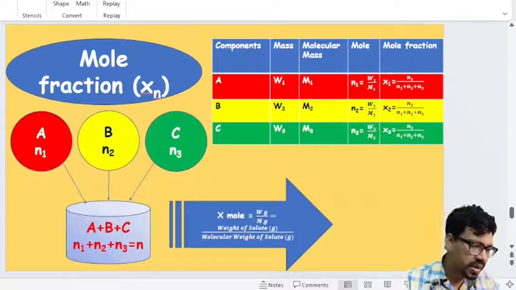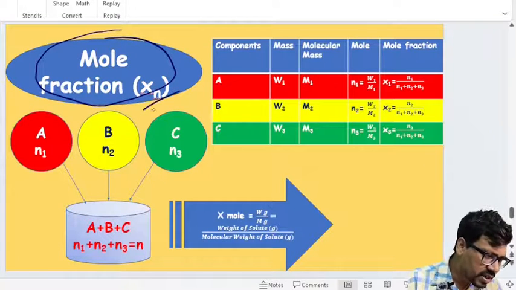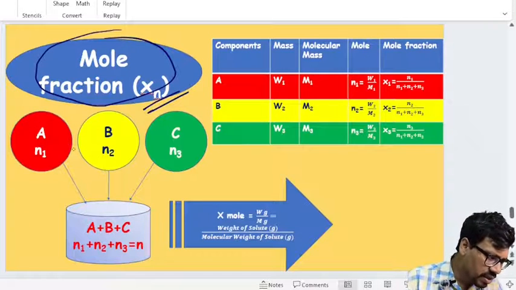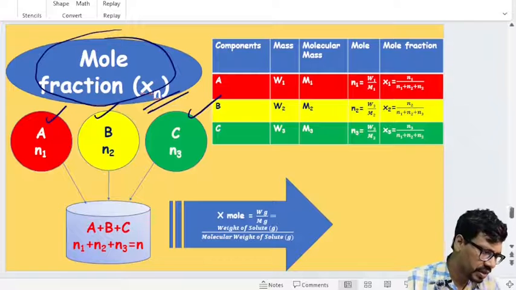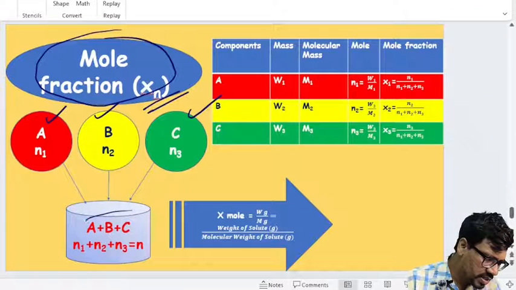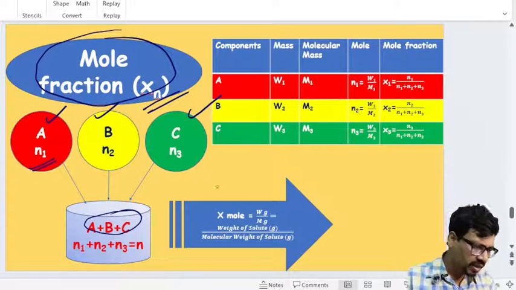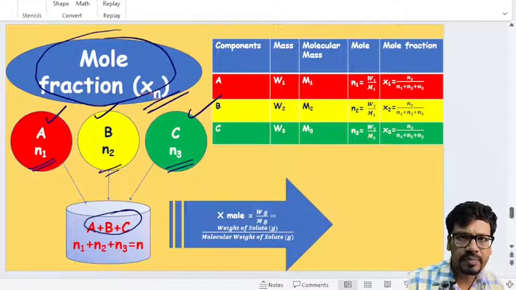Next one is mole fraction. This is very interesting. Mole fraction is represented by x. Say for example, there is a mixture of A, B and C. In the mixture, A has N1 mole, B has N2 mole and C has N3 mole.